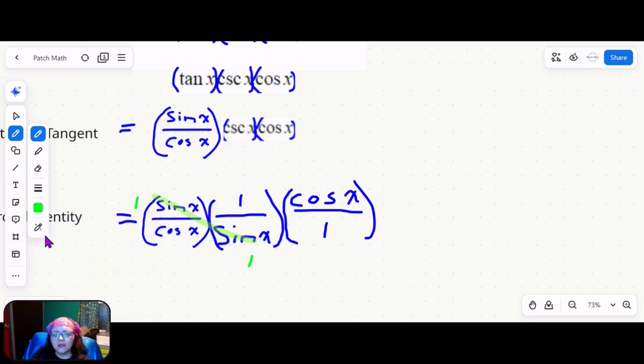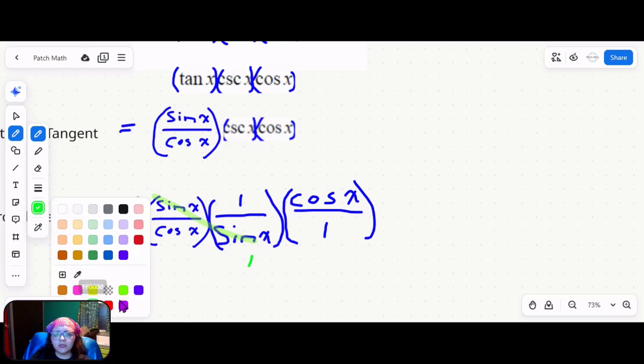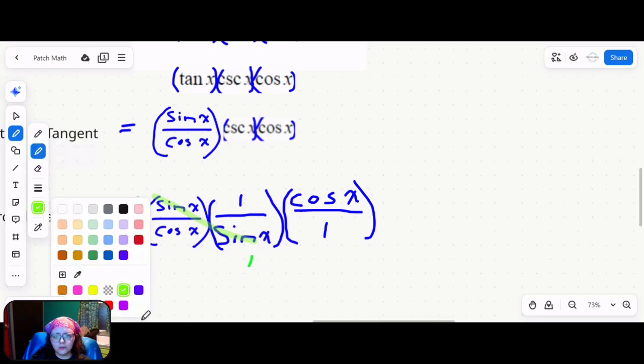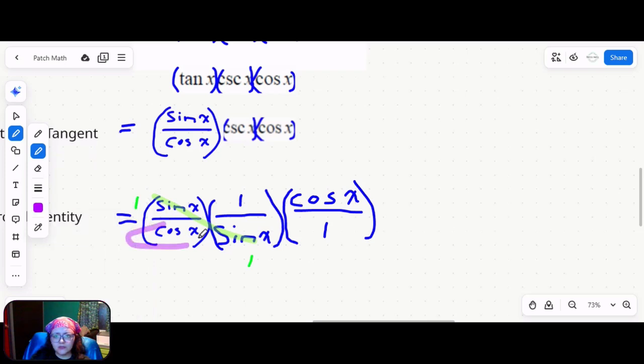All right. Using the commutative property, we can move this cosine of x and this cosine of x near each other to cross cancel as well. If you're at this point in math, you know that you can change that order because these 3 parentheses are being multiplied, and go ahead and cancel on that as well.